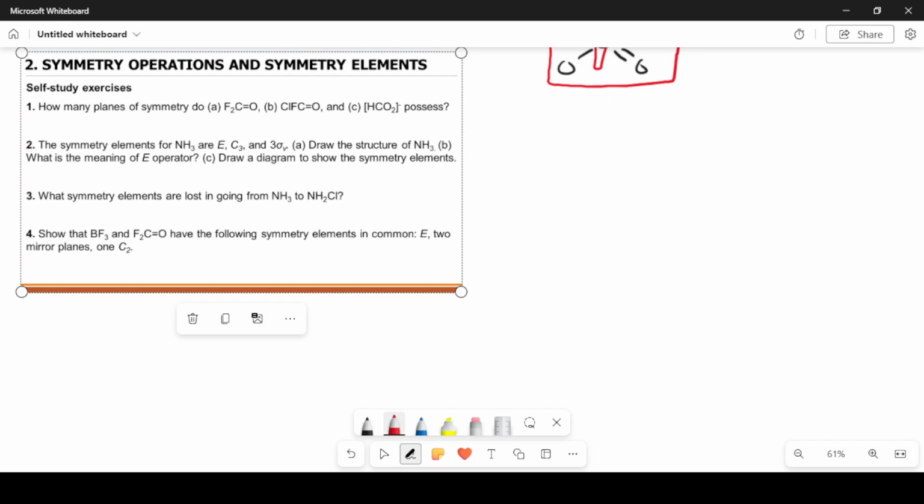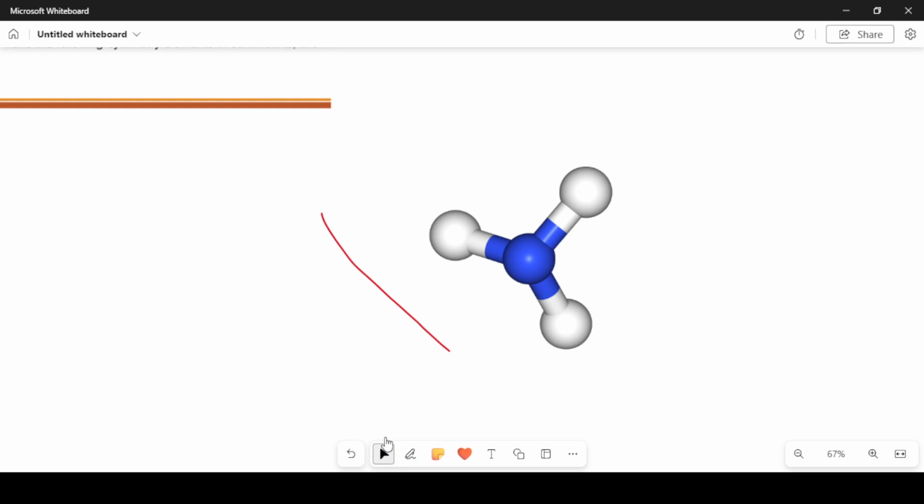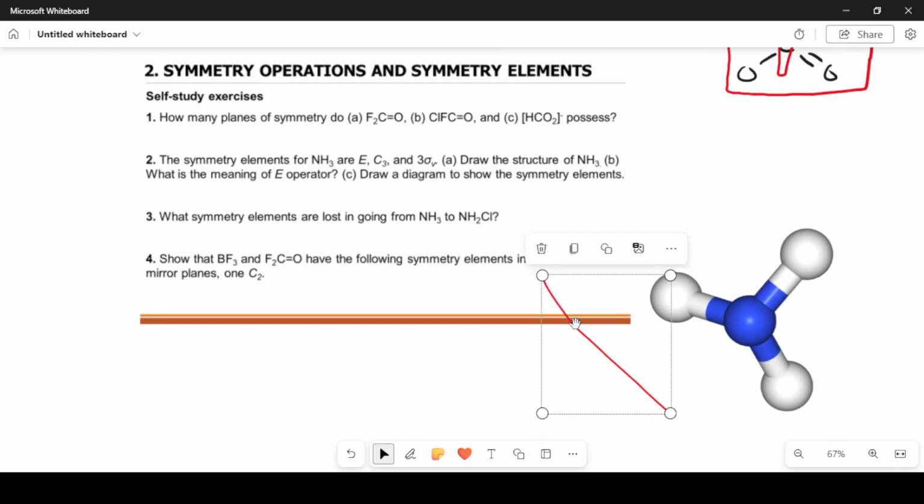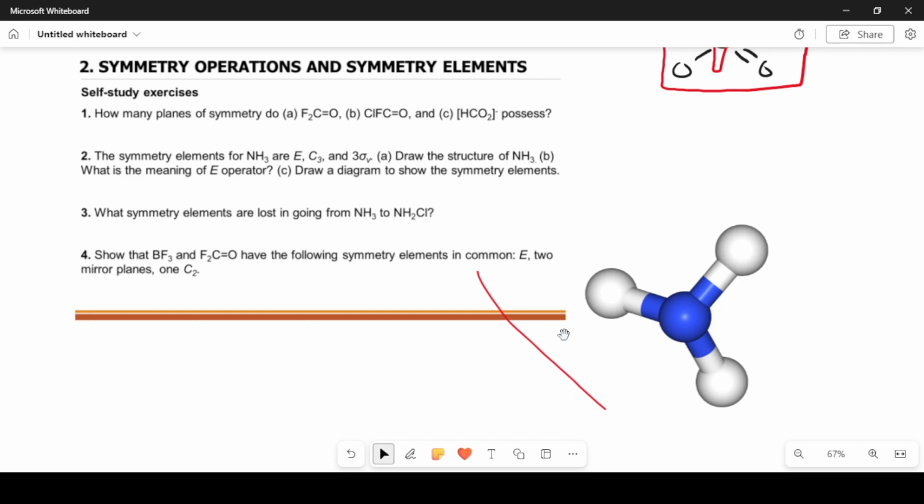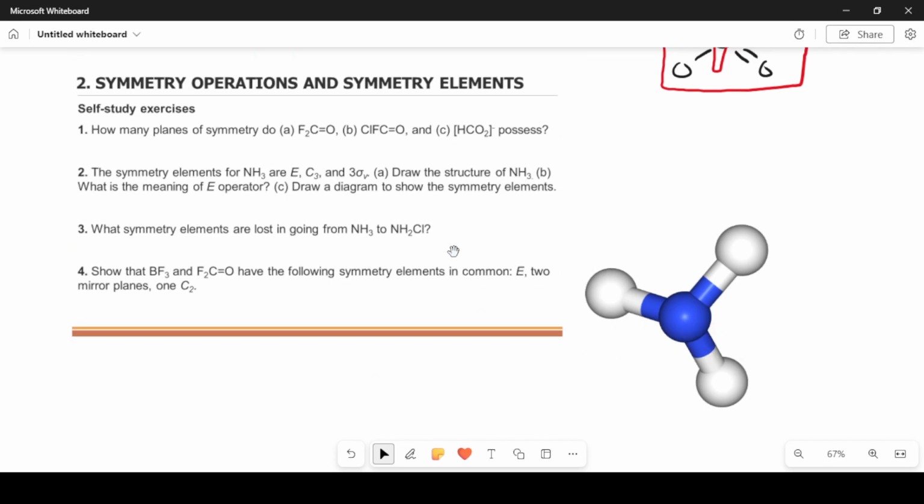So, our ammonia. What are the symmetry elements for our ammonia? Let's draw. I looked on the internet for a representation of ammonia for us to visualize the molecule further. This is the structure of our ammonia.